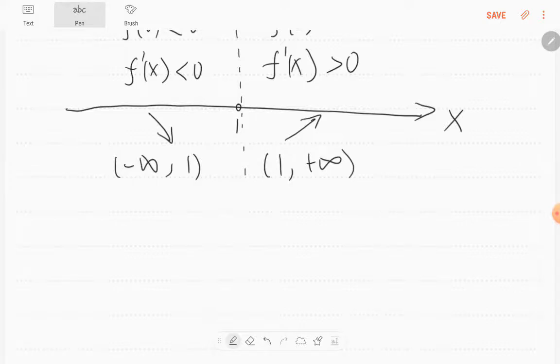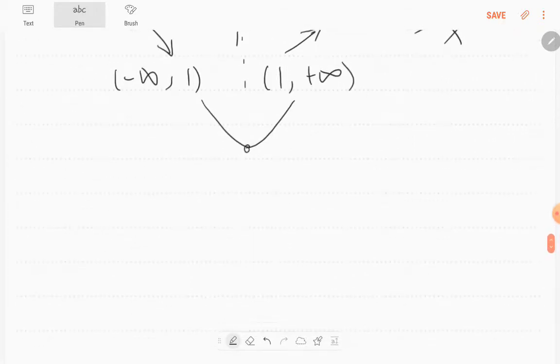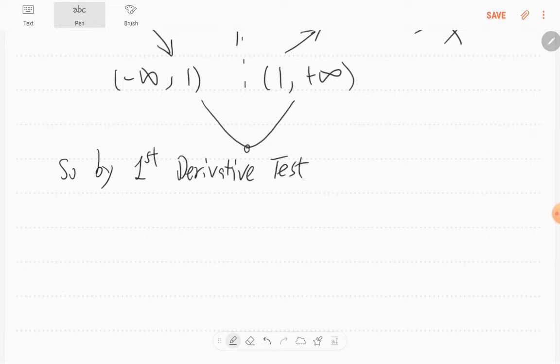So we can see by the first derivative test, it's decreasing, then increasing. So this would be a local minimum. So by the first derivative test, f at 1 is a local minimum.